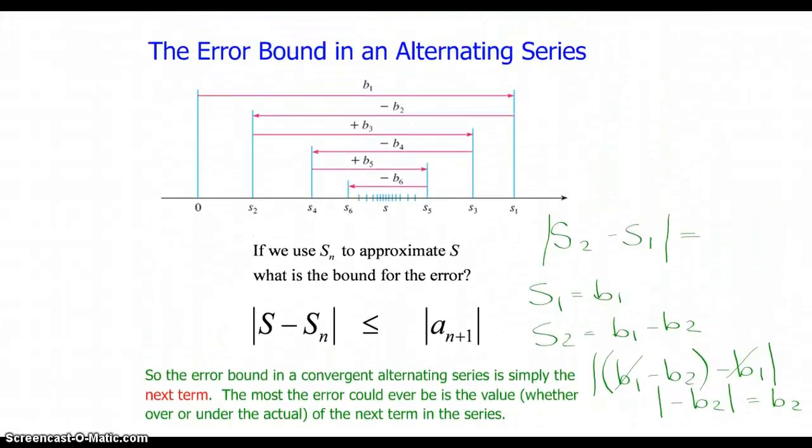If you'll see here, for any partial sum, the biggest that the error can be is just the next term.